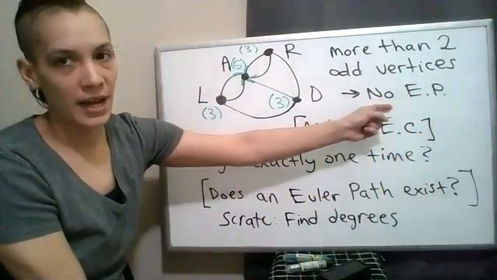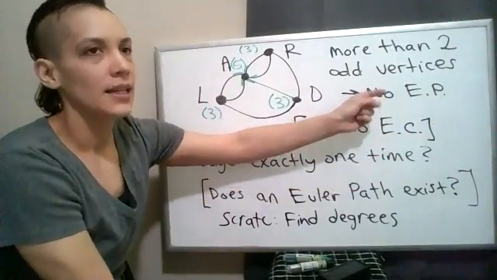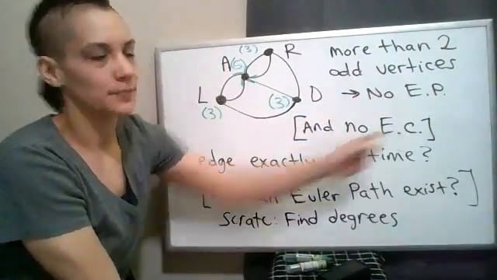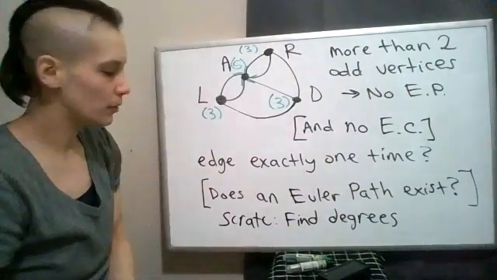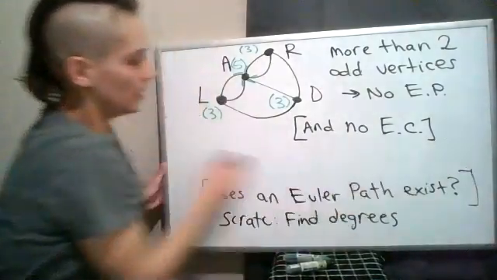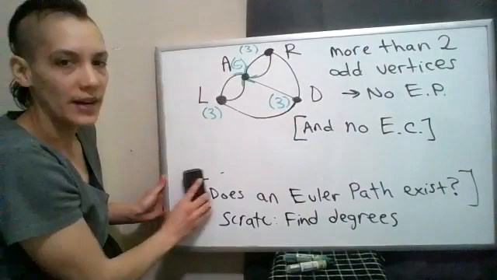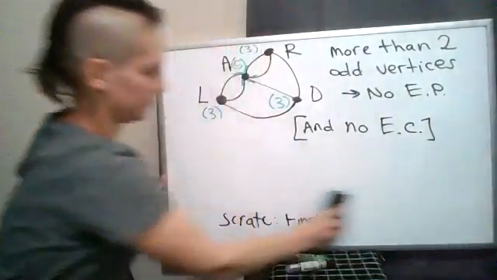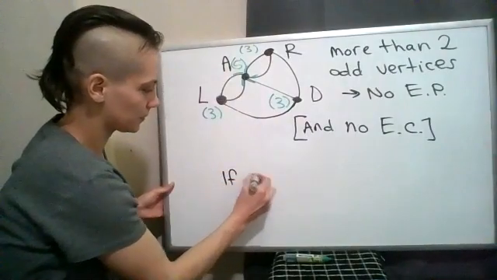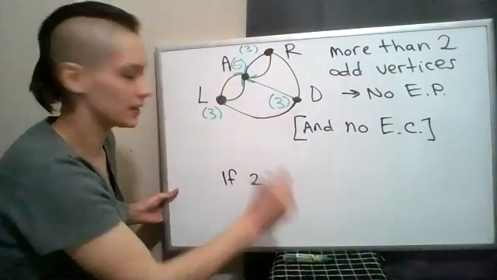So if you can't find an Euler path, then you definitely can't find an Euler circuit because it's a path that uses every edge, and the circuit part means you start where you end. So it would be like an extra requirement that we can't meet. Okay, first theorem was for finding a path. If you have two odd vertices, you will be able to find an Euler path.